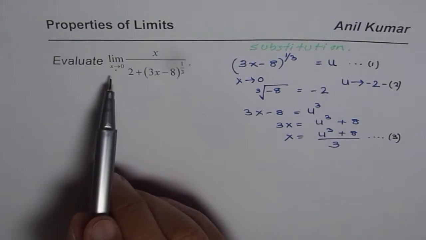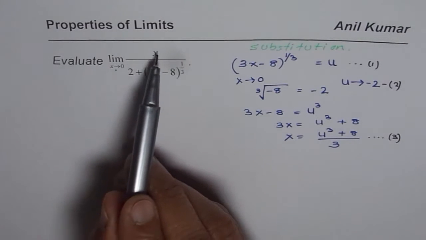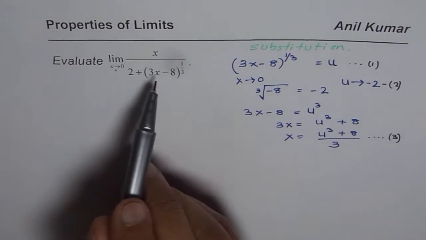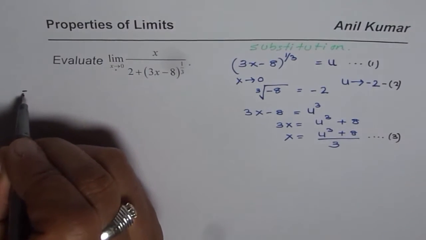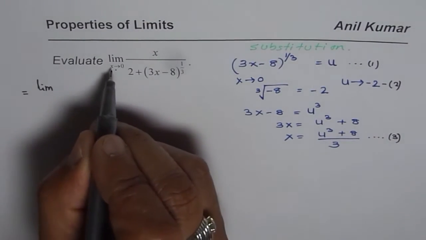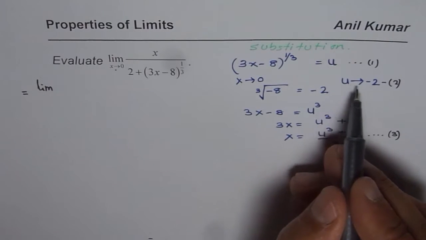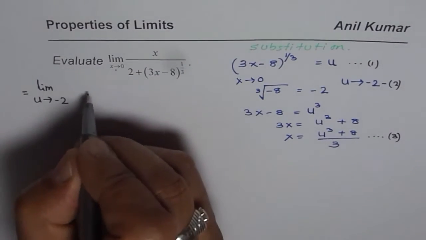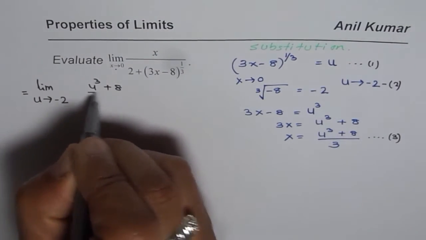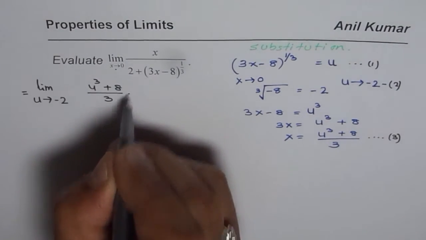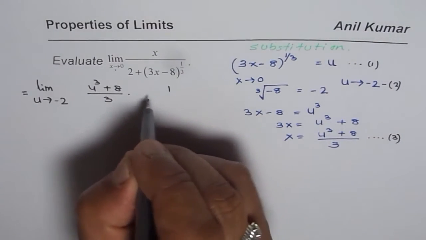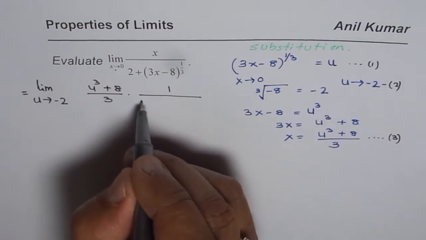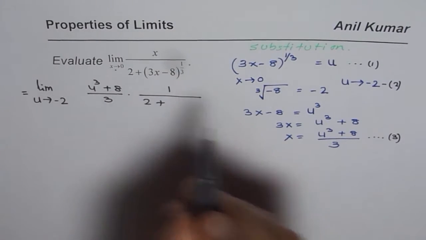It is to find the limit when x approaches 0 of x divided by 2 plus (3x minus 8) to the power of 1 over 3. So we could write this as equal to the limit, where instead of x approaching 0, we'll write u approaching minus 2. x will be replaced by (u cube plus 8) divided by 3, times, let me write this as 1 over, it's simpler, instead of writing multiple layers of fractions, times 1 over 2 plus the cube root of (3x minus 8), which is u.